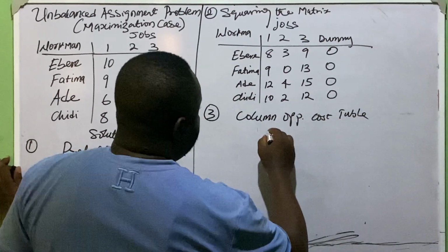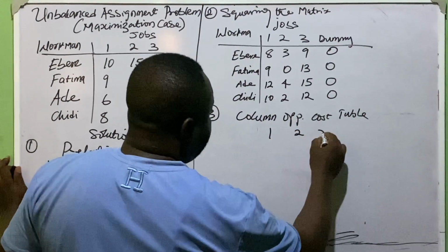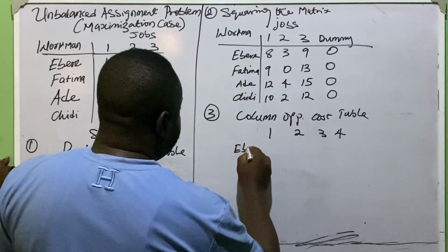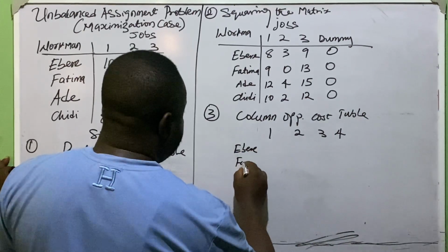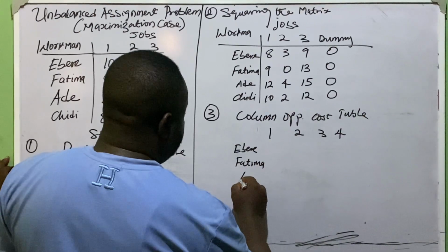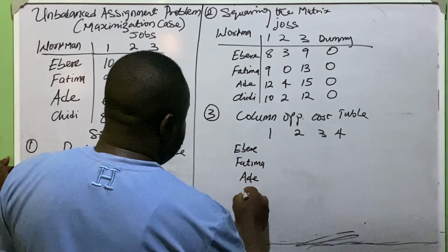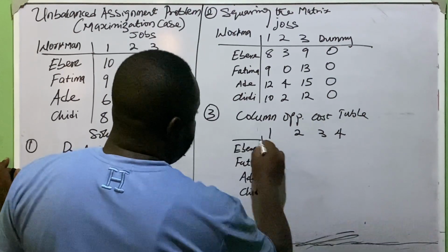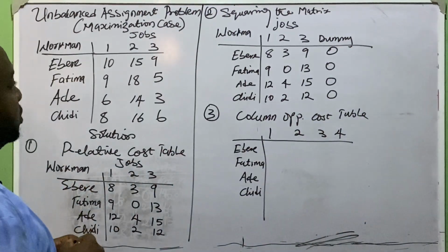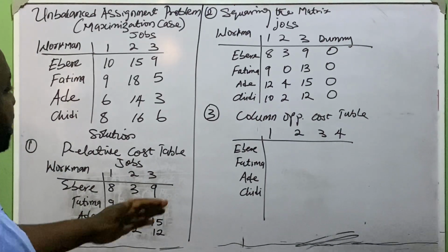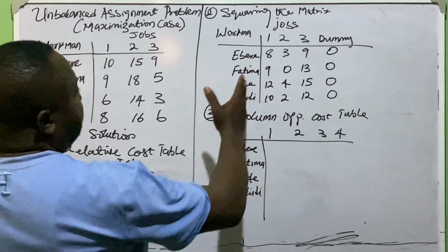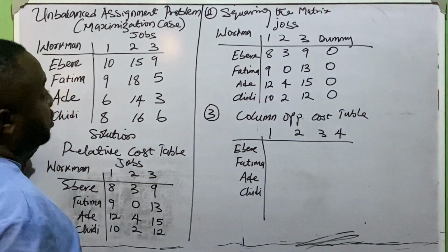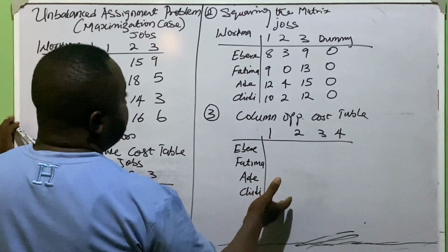So we have 1, 2, 3, 4. I have Ebere, Fatima, Ade, and Chidi. Now we're doing our column opportunity cost matrix. We'll be identifying the smallest value in each of the columns, and deduct same from the column.